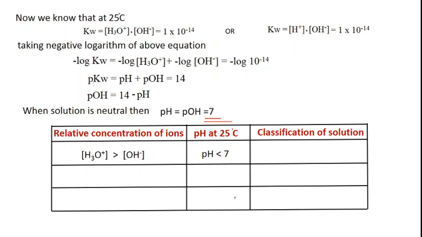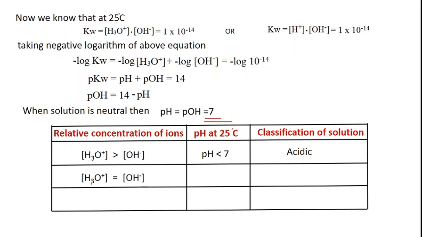Then the pH will be less than 7 and the solution is termed acidic.